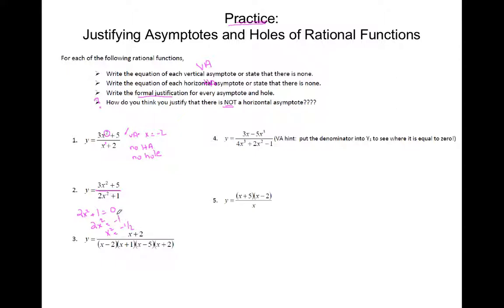So if there is nothing that makes the denominator equal to 0, that means this function is continuous. It must be continuous. That means there's no vertical asymptote because there was nothing in the denominator equal to 0. And if there's no factors that make the denominator 0, there's no factors that would cancel out, right?